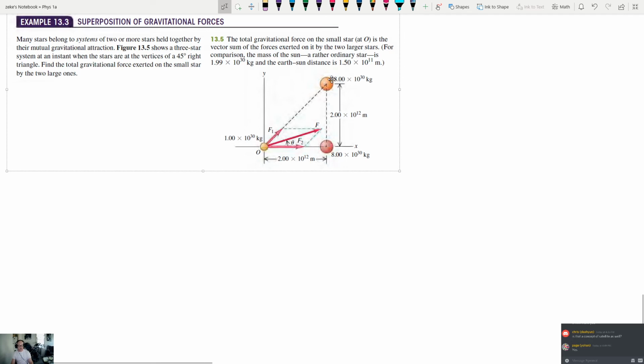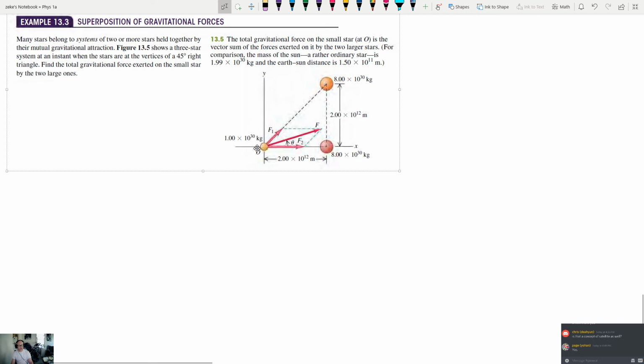Is the force of the upper star or the lower star going to be bigger, and why? We're only looking at the forces on this little star. We don't care about the force between these two guys in this problem, although there is a force there. Which of these two stars would place a bigger force on the smaller object here?